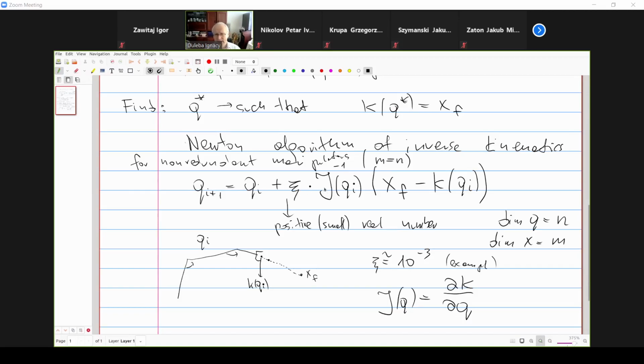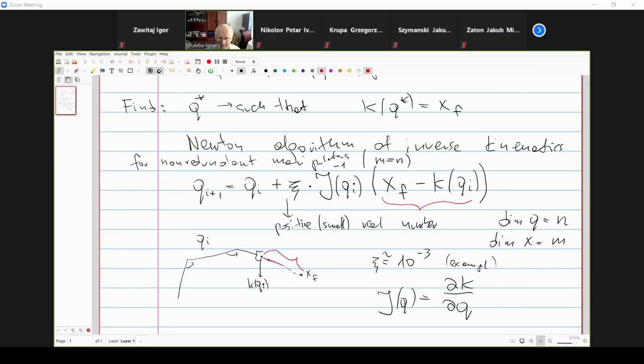And based on the Jacobi matrix or its inverse, and what is this? It is just the distance. This is just this vector.